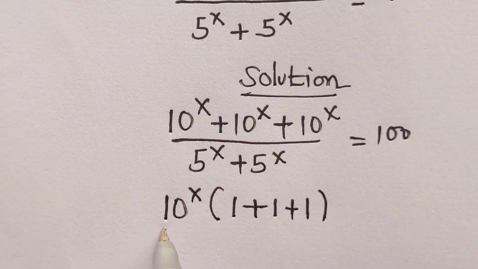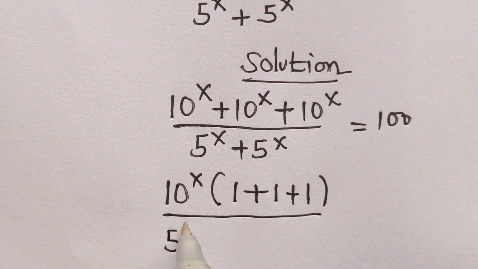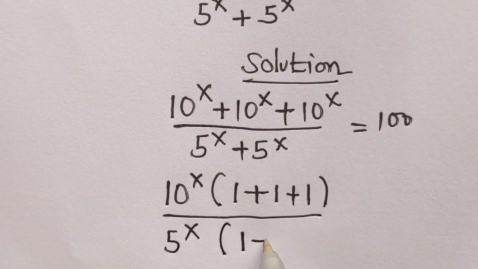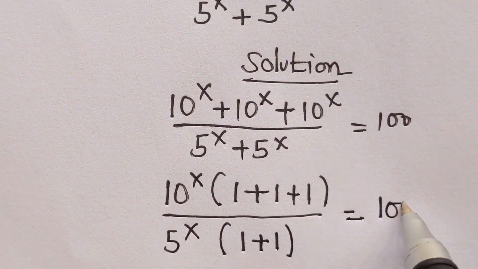And down here we have 5^x common, so we factorize 5^x to get 1 plus 1, and the answer is the same, 100.